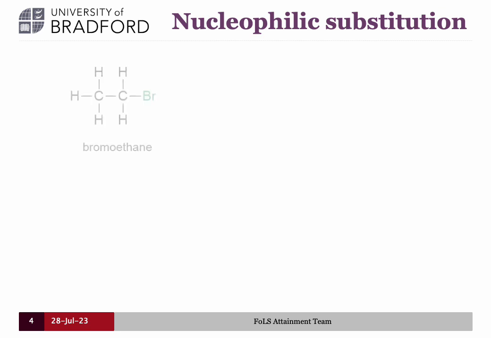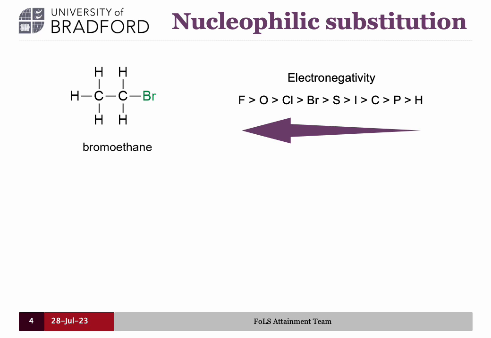Consider bromoethane. With respect to electronegativity, which is the ability of an atom to pull the electron density towards itself, halogens are more electronegative than carbons, and here is a scale showing some common elements and how electronegative they are with respect to each other.